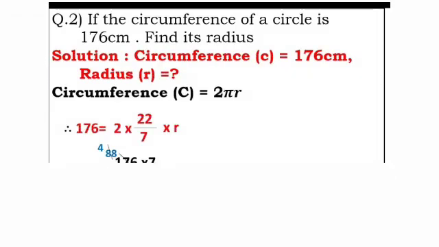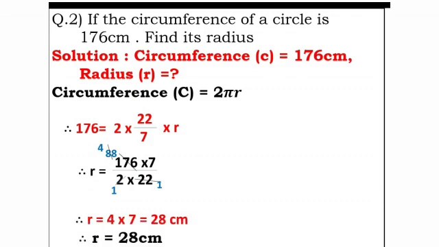The second sum of practice set 42. If the circumference of a circle is 176 centimeter, find its radius. Now here children, circumference is given to you as 176 centimeter and you are going to find out what? You are going to find out radius. So to find out radius when circumference is given to you, the formula is circumference is equal to 2 pi r. Now circumference is given to you as 176.